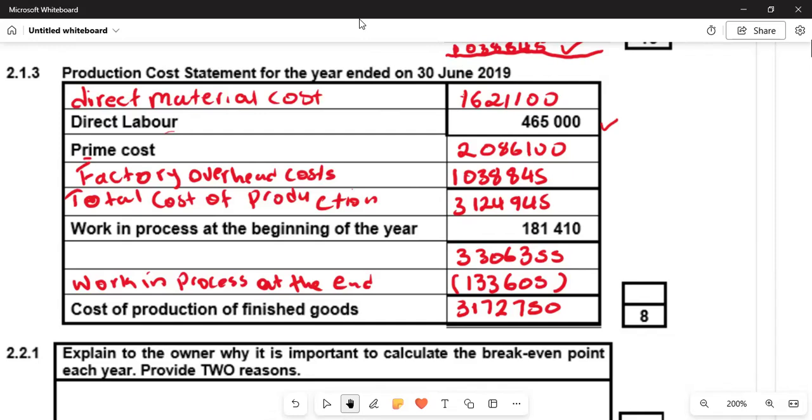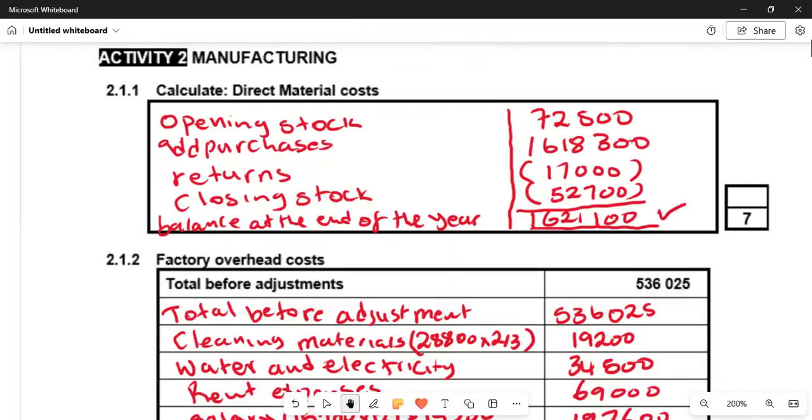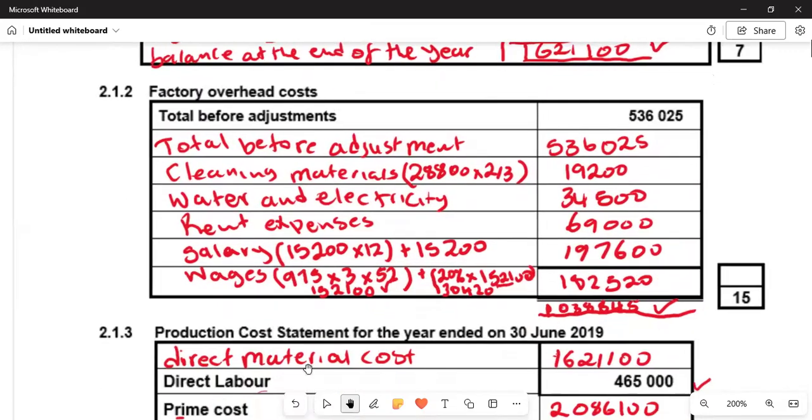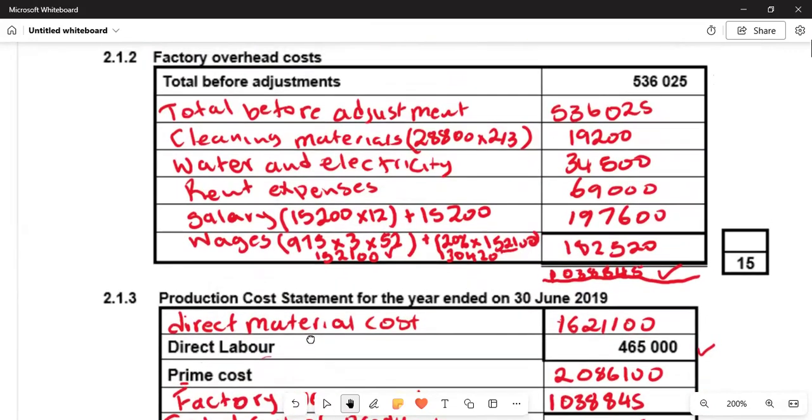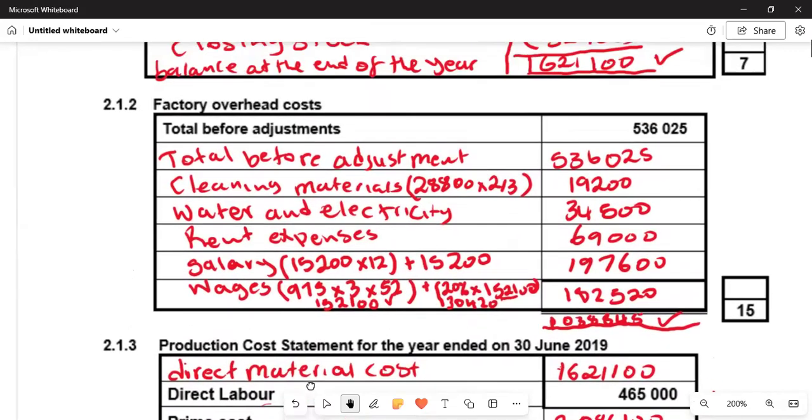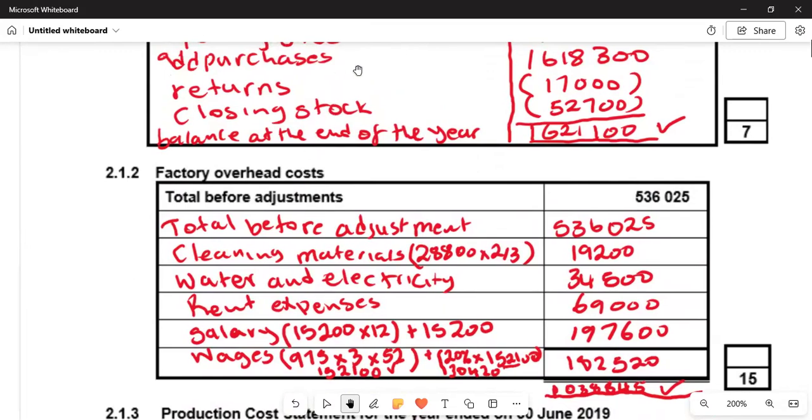We are following. So this is how we are expected to do direct material cost, factory overhead, as well as the production statement.